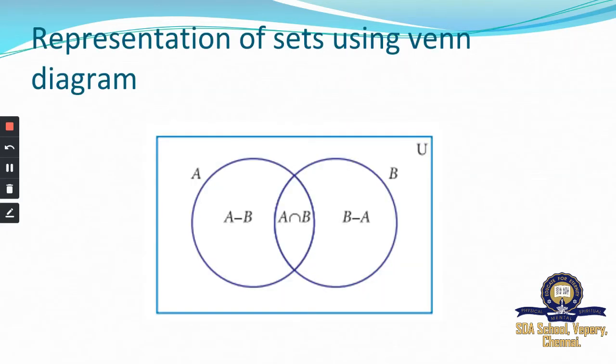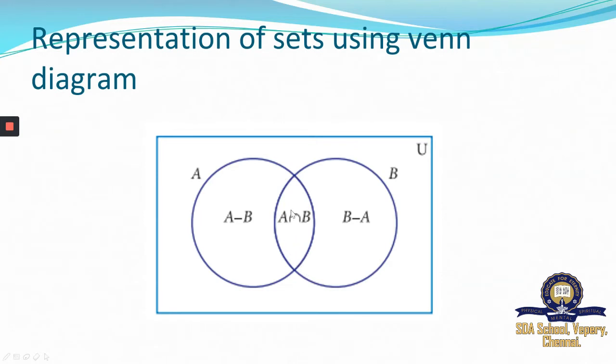Now, let us try to understand this better with the representation of sets using a Venn diagram. If you see carefully, you will see two sets, A and B. So this is set A, this is set B, right? A − B means it is just A, excluding the B set completely.